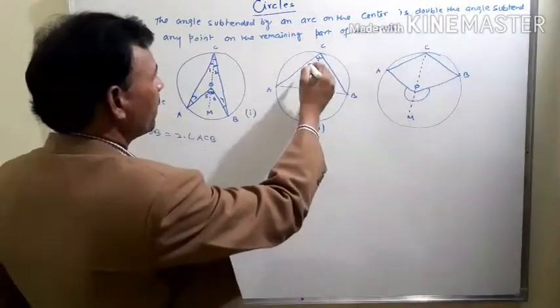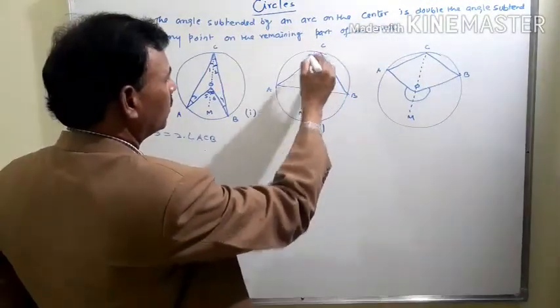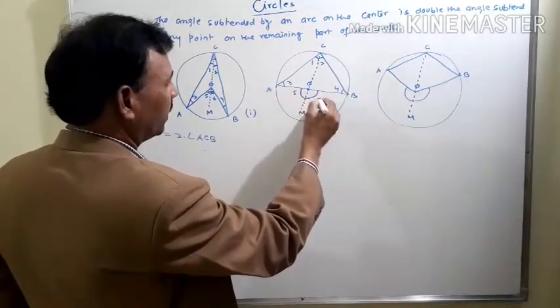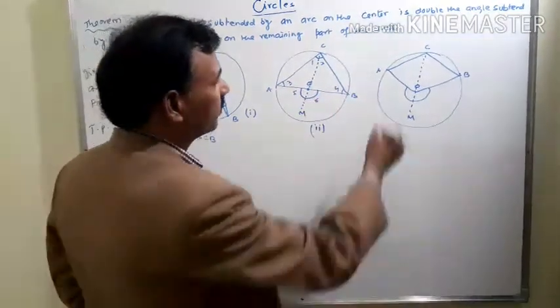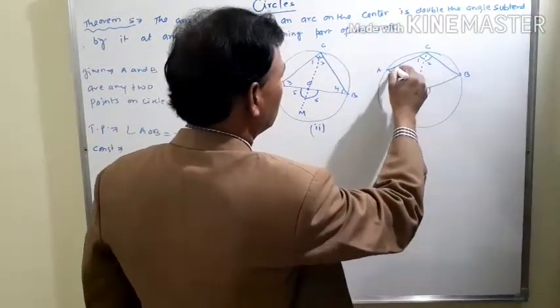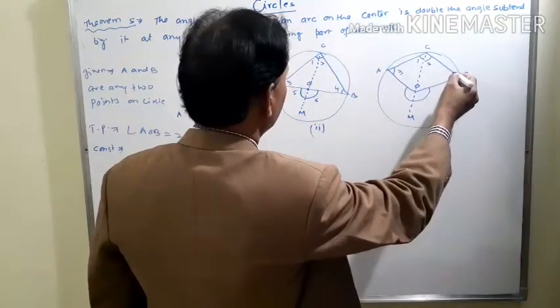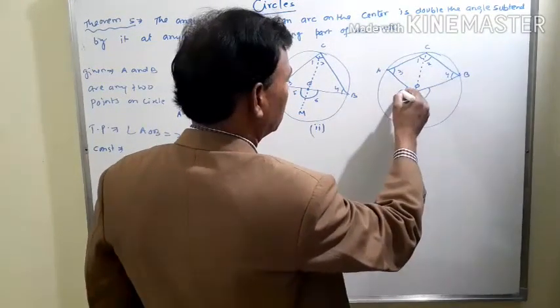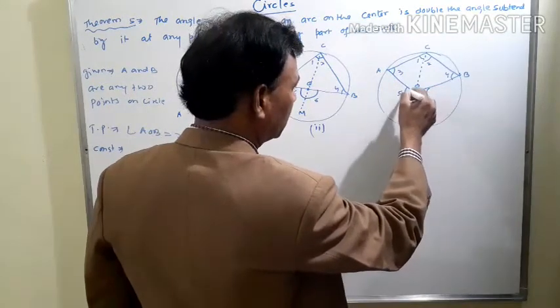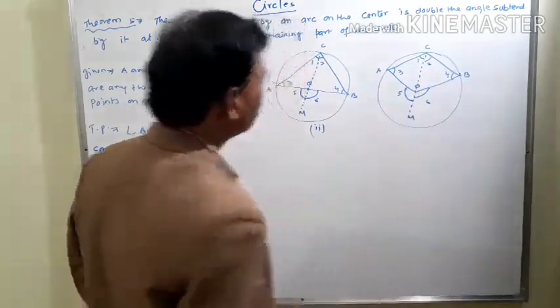Same here: 1, 2, 3, 4, 5 and 6. Only this angle is 5 and only this angle is 6.